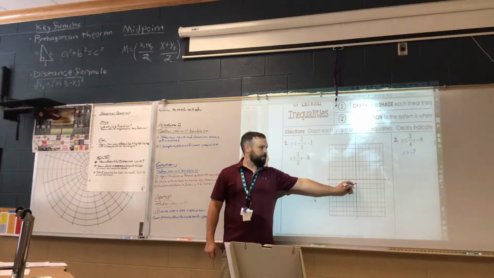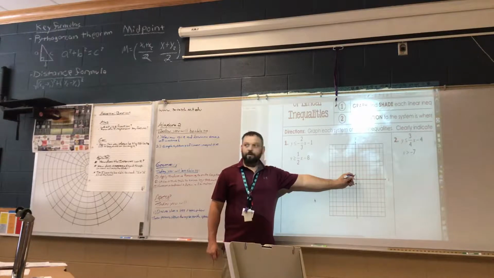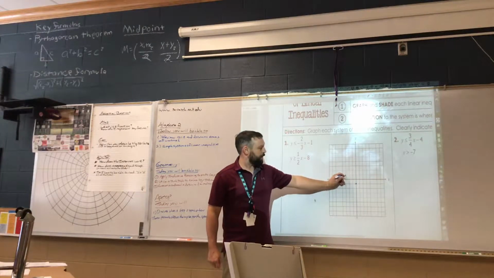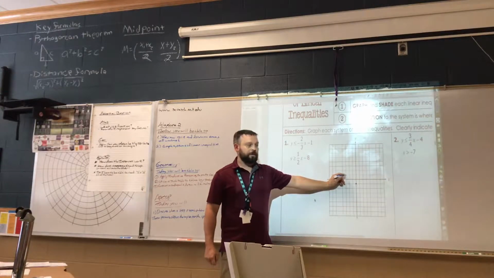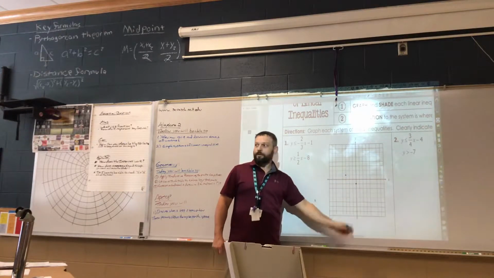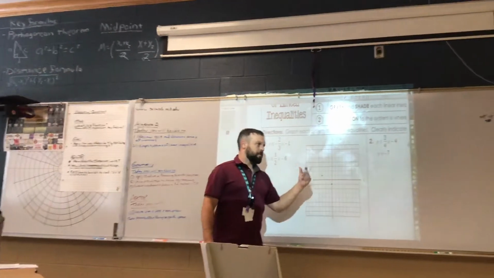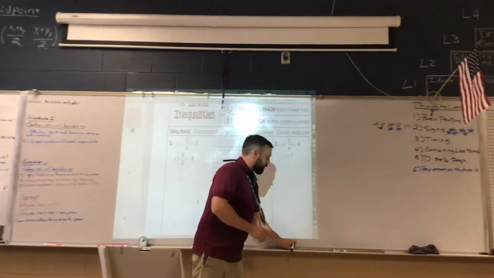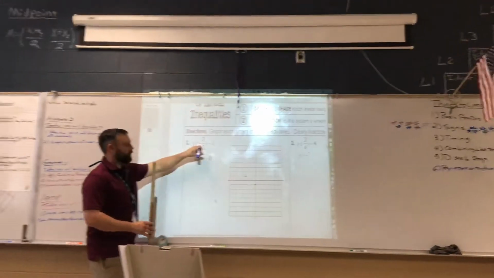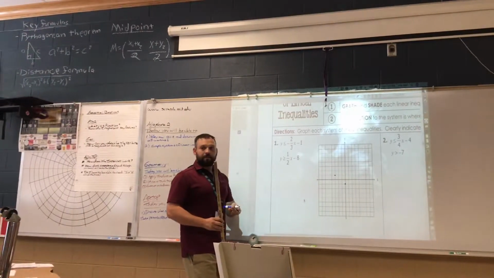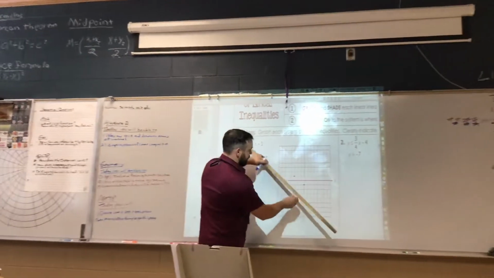Up 2 to the left. 1, 2, 3. Why am I going back left? Negative, because the line should do this, right? So it's positive 2, negative 3. Should I have a solid or a dashed line? Solid, because they're equal to, right?